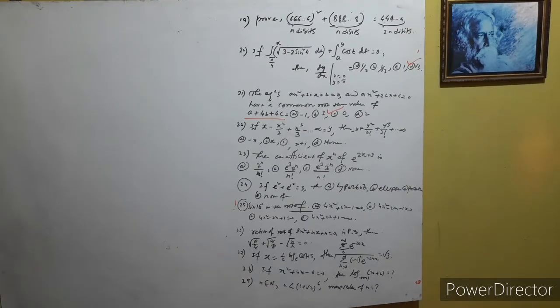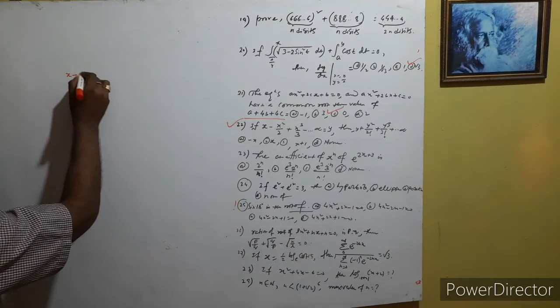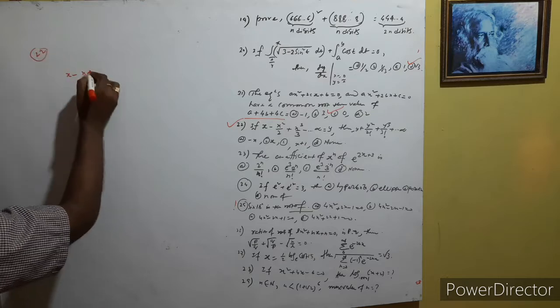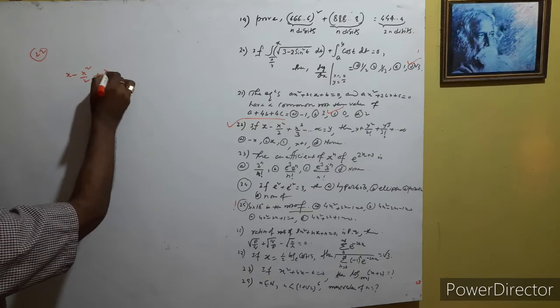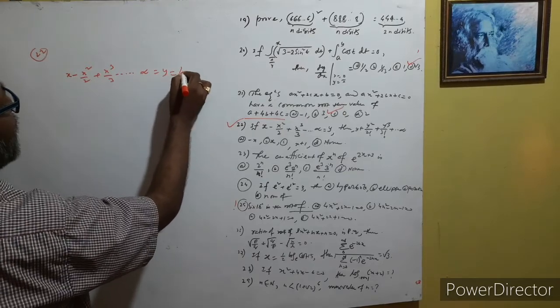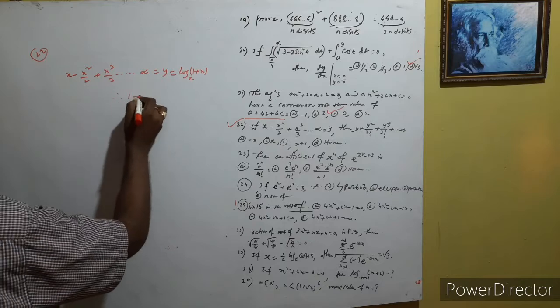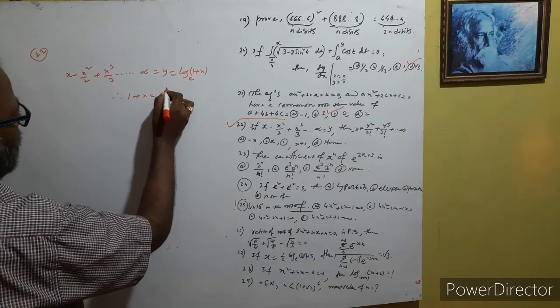And 21st I've done. Now 22. x minus x square by 2 plus x cube by 3 and so on to infinity equal to y, and that is equal to log of 1 plus x. So we can write here 1 plus x is equal to e to the power y.